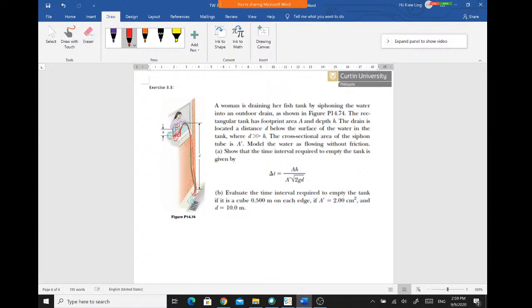All right, so for this case, what you have to do is to calculate the time interval in order to empty the tank.